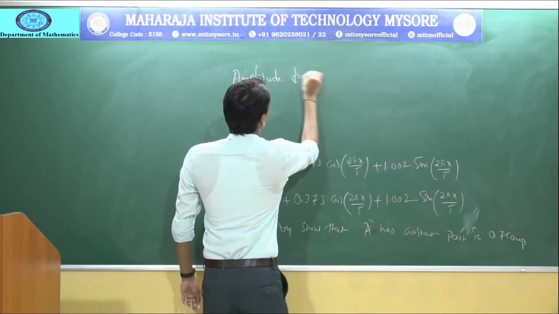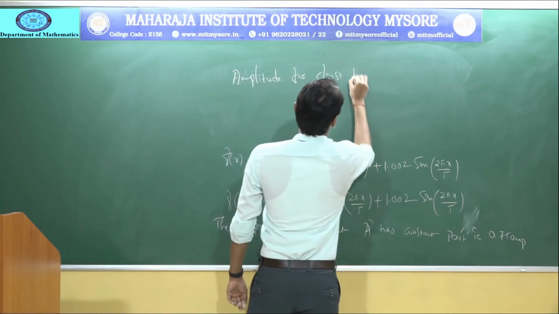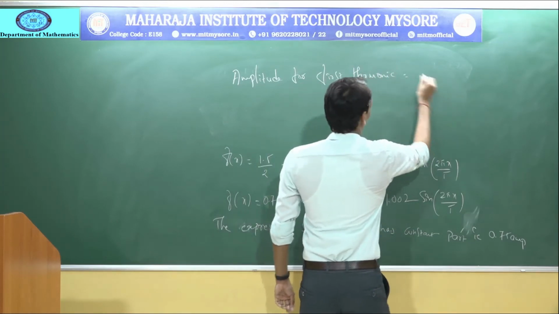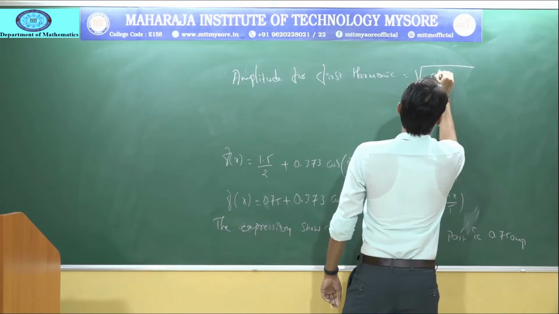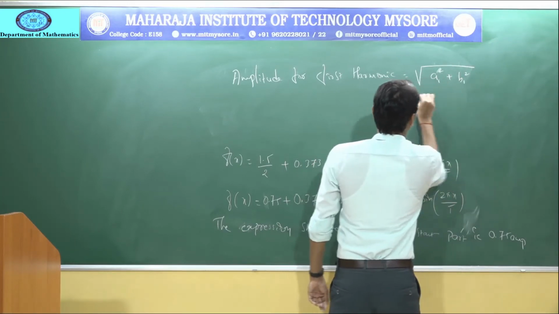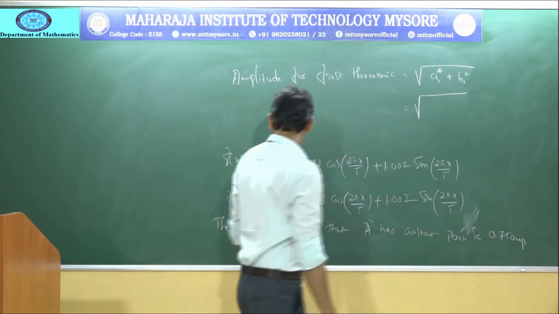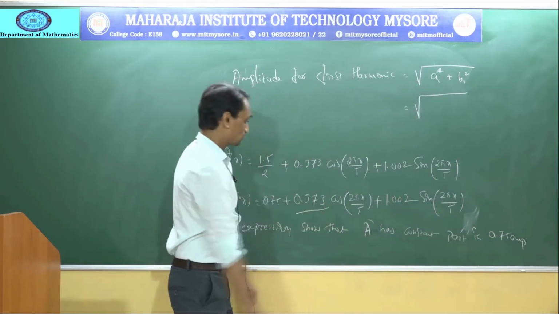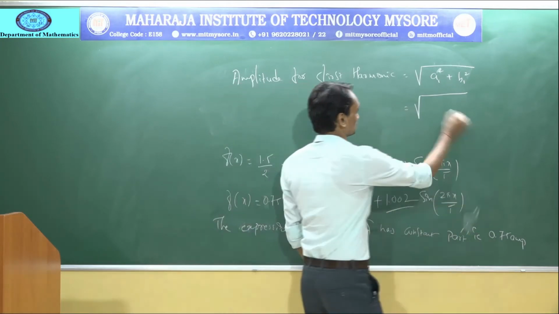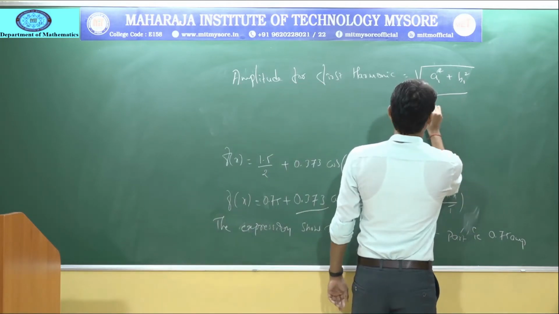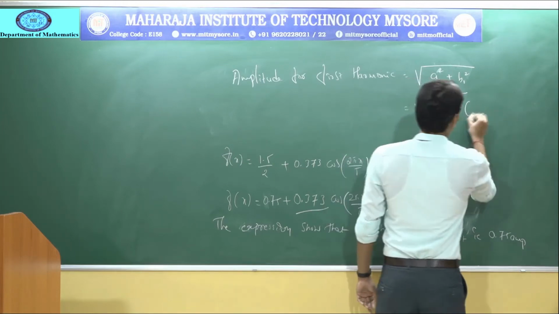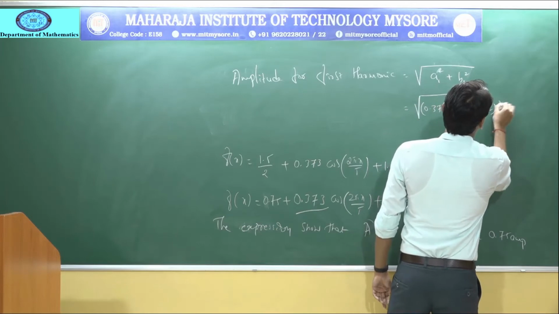Amplitude for the first harmonic is equal to the square root of A1 square plus B1 square. What is the A1 value? 0.373. What is the B1 value? 1.002. So the square root of 0.373 the whole square plus 1.002 the whole square.